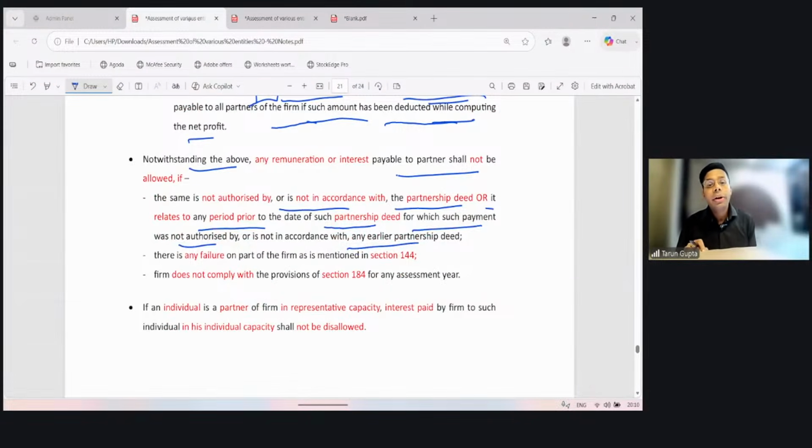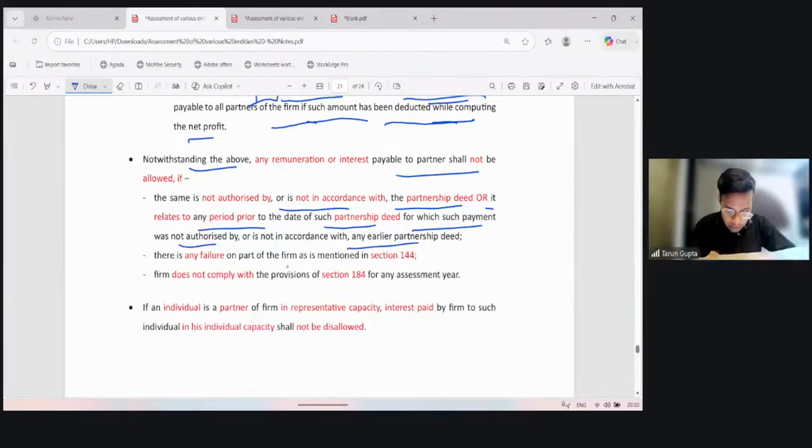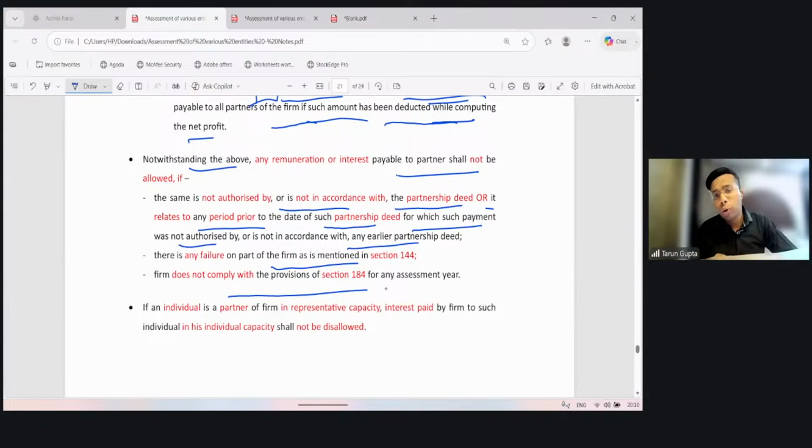The salary or interest shall not be allowed if the firm has defaulted in any of the conditions specified in section 144, ex parte assessment, or the firm does not comply with the provision of section 184, which we'll discuss in a minute. So in all these 3 or 4 cases, the salary or interest, even if within section 40B limits, shall not be allowed to the partnership.